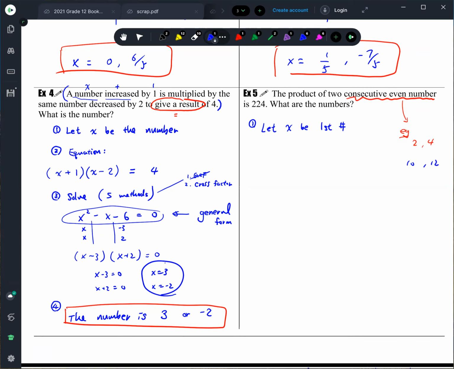Let y be the second number. We don't. X plus 2. Yeah. X plus 2. Okay. So we don't want another variable. The 2 numbers, they're consecutive, so they are 2 apart. You can do x plus 2 be the second number.